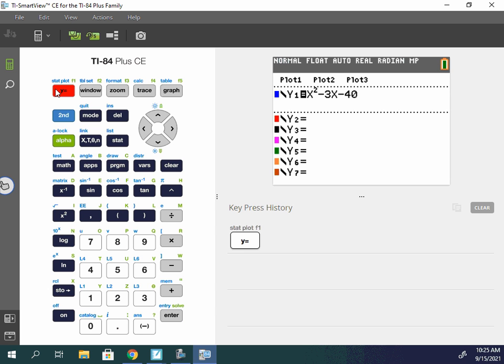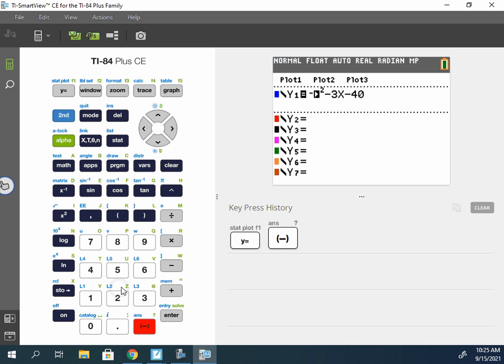Now, we've talked about this before, but y equals on the graphing calculator will let us graph a function. Yes? Because we went over that either in here or in ACT prep. Okay, good.